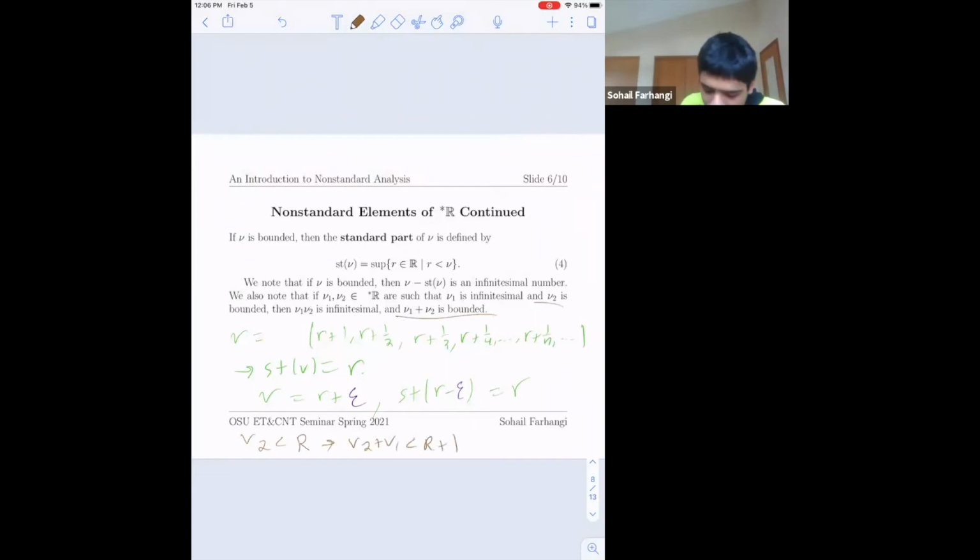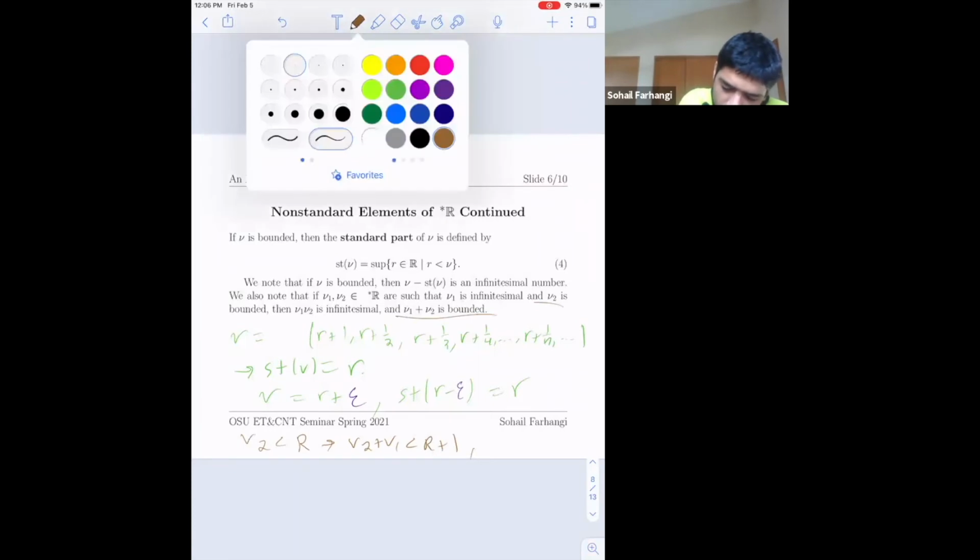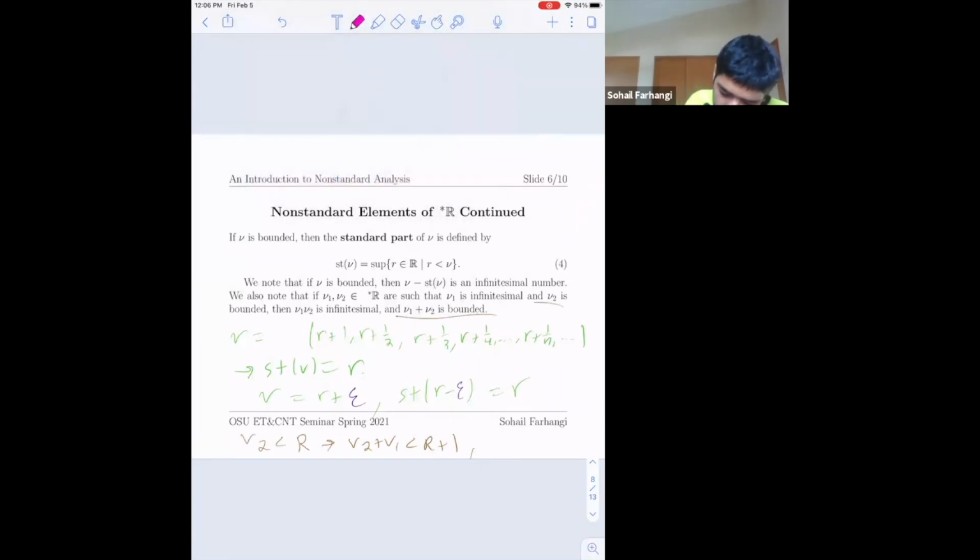That's easy. And then similarly for the other one, anytime V1 is smaller than some number r, this product is going to be smaller than little r times big R, because V2 is smaller than big R. And then little r is arbitrary since V1 is infinitesimal.